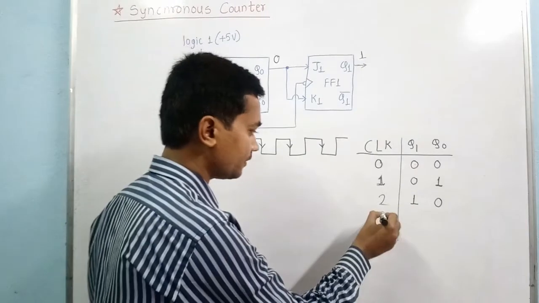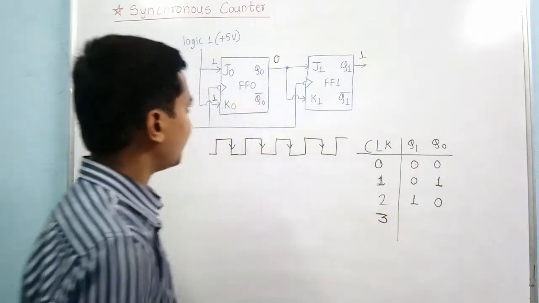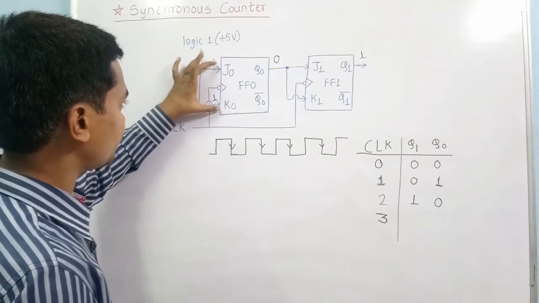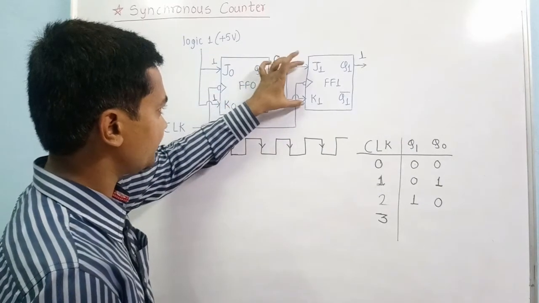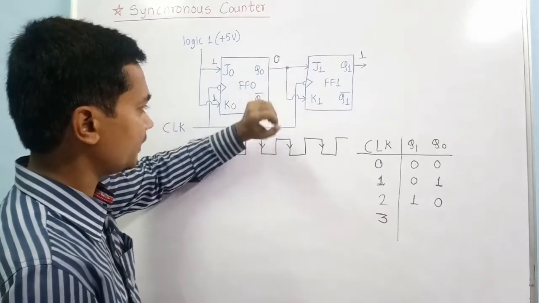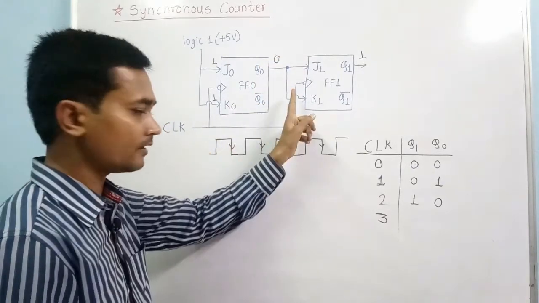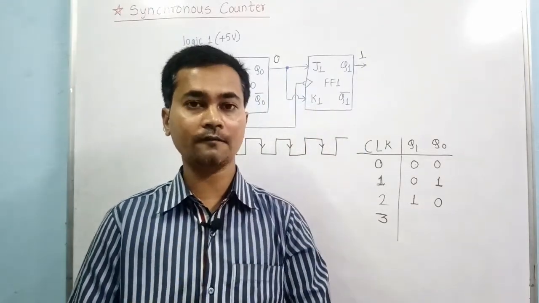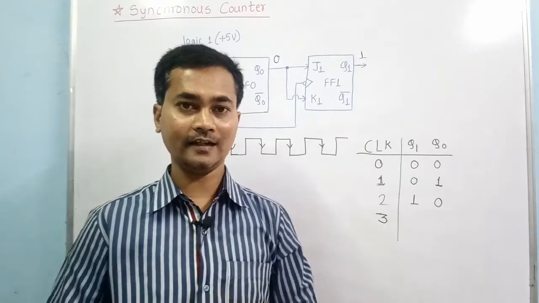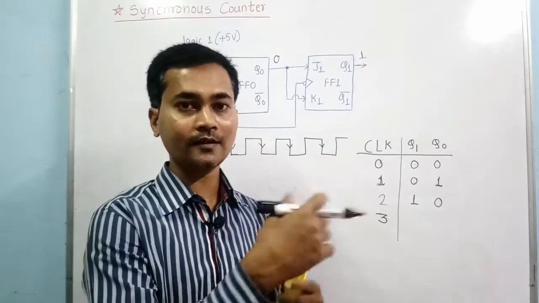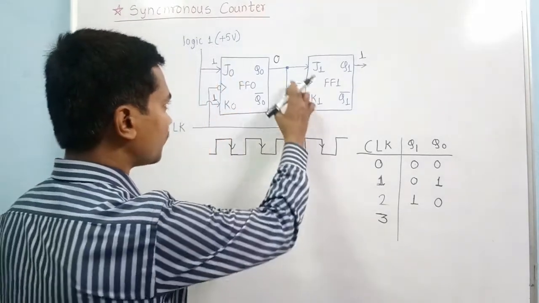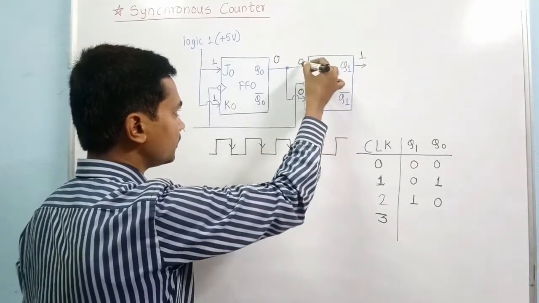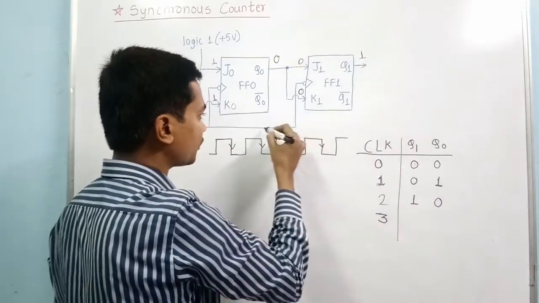Now this 0 is waiting at the J1 and K1 inputs, and Q1 now has 1. What will happen when we apply the third clock? Already this 1 1 is waiting at the J0 and K0 inputs, and this 0 is waiting at the J1 and K1 inputs. When we apply the clock signal, the flip-flop considers only the present state of the inputs and generates the output Q. Due to this 0, the output will not change when the clock is applied.